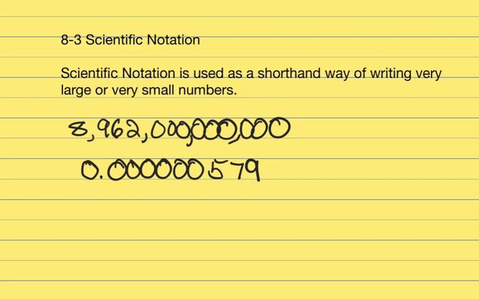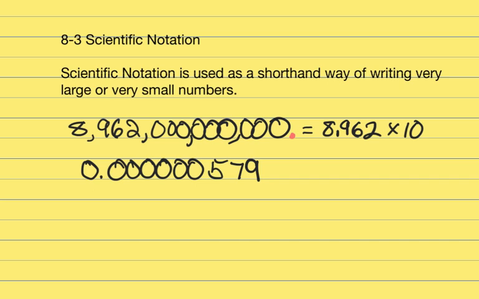So if I were to write this number, it would become 8.962. And then we're always going to write it with a power of 10. The power of 10 is going to be however many places that we had to move that decimal place. The decimal place currently is at the end of the number.